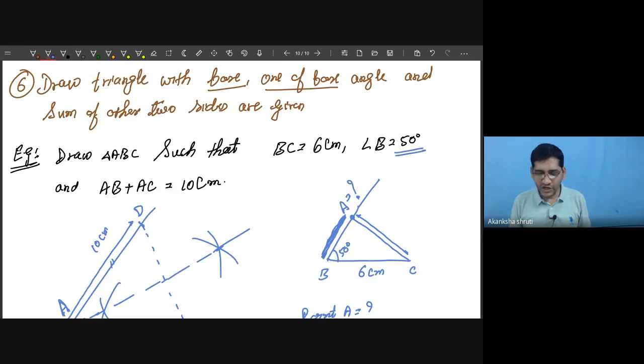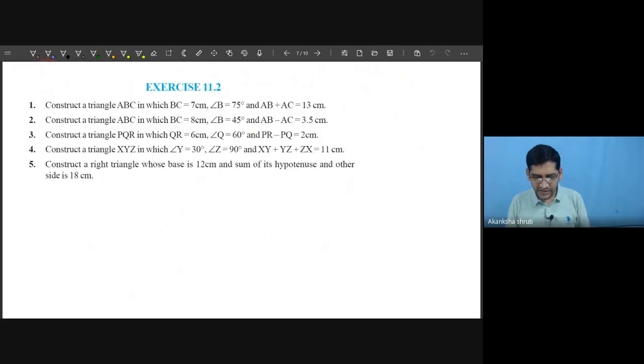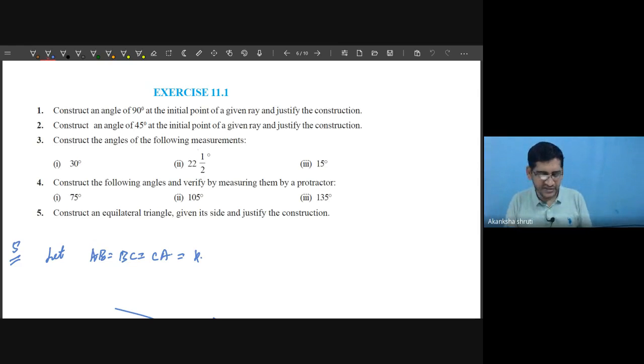Okay, so this was all about it. Students, your homework is just to finish this much. The differences and the rest you cannot do yet. So please do this exercise as homework: Exercise 11.1.